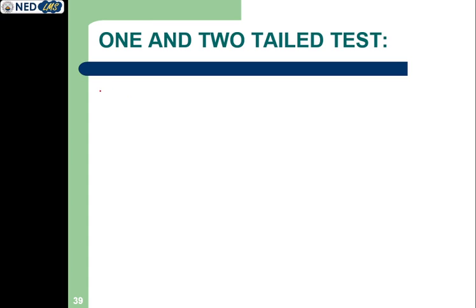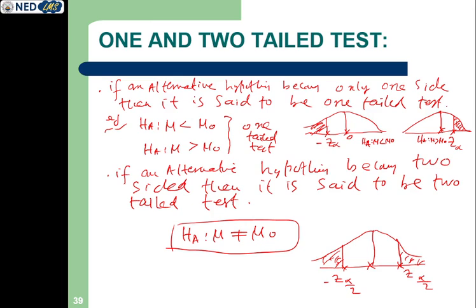See this: if the alternative hypothesis is only one sided, it is said to be a one tail test. There are three types of alternative hypothesis.